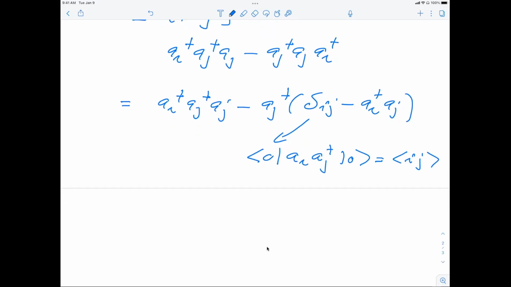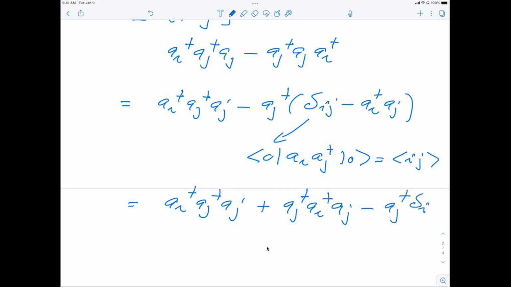So that means that if I now look at the last term, I can actually rewrite this as an a_i, a_j, a_j, and then I have a plus an a_j, a_i dagger, a_j, minus a_j dagger, delta ij. Now, if you look at this term here, what I can do now is to switch the two creation operators.